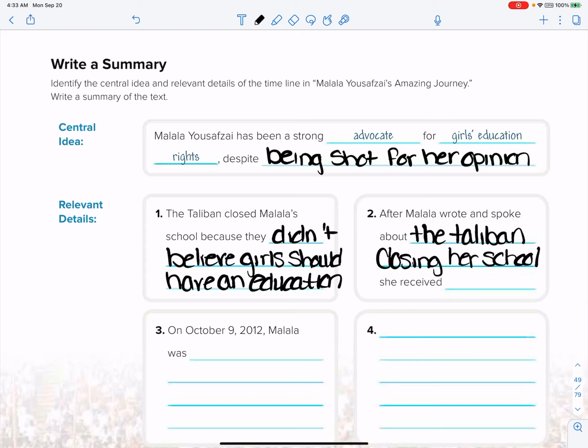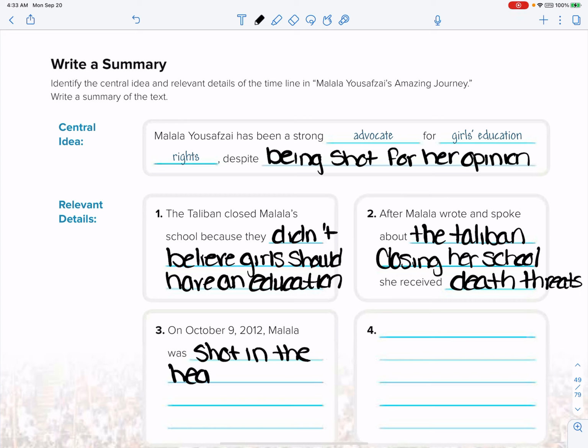She received what? She received death threats. On October 9th, 2012, Malala was... What happened? Remember, this is when she was on the bus. Malala was shot in the head by the Taliban.